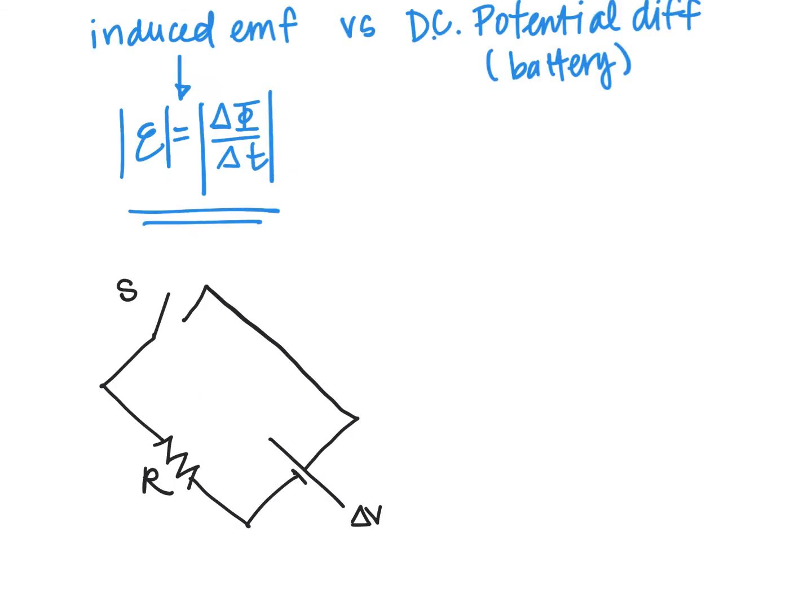So if we consider this simple circuit where we have a switch that we can close and a voltage source, a DC battery, the conventional current would flow from the positive side of our battery through our circuit and back to the negative side of the battery. And in doing this, a magnetic field will be induced around the wire.